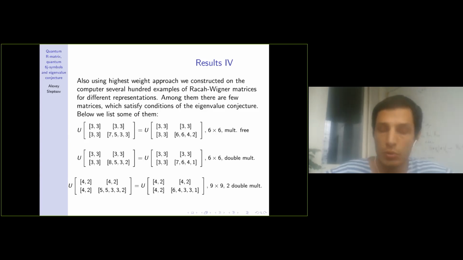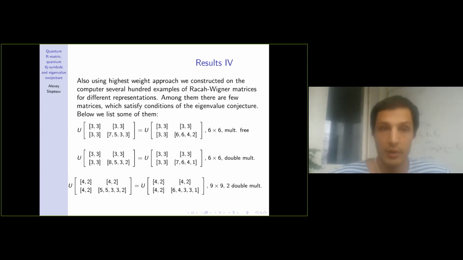And in order to calculate, we need a lot of 6j symbols. So we developed a very powerful technique to do it, and obtained a lot of particular examples. And it turns out that some of them satisfy conditions of the eigenvalue conjecture. And below, I list some of them just for illustration.